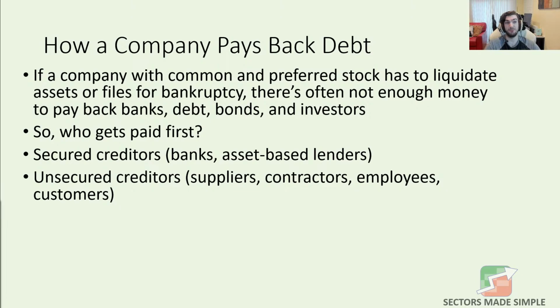If a company is losing money, they might say to their employees, I'm sorry, we have no money to pay you. So after the banks get paid, those employees get paid as well, or customers might get paid if they are in need of reimbursement.